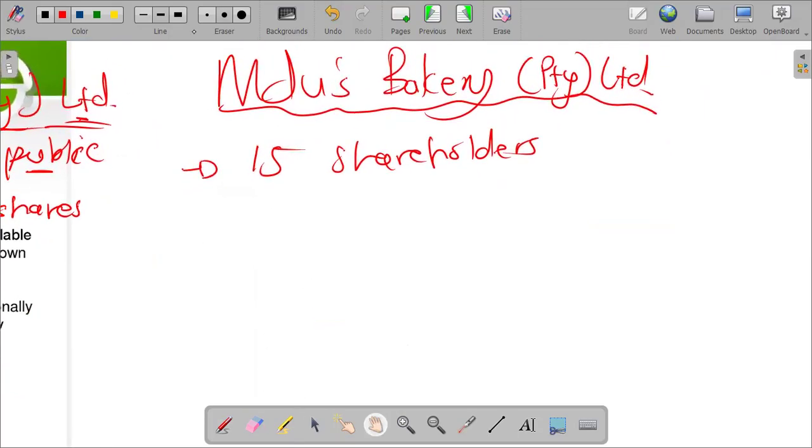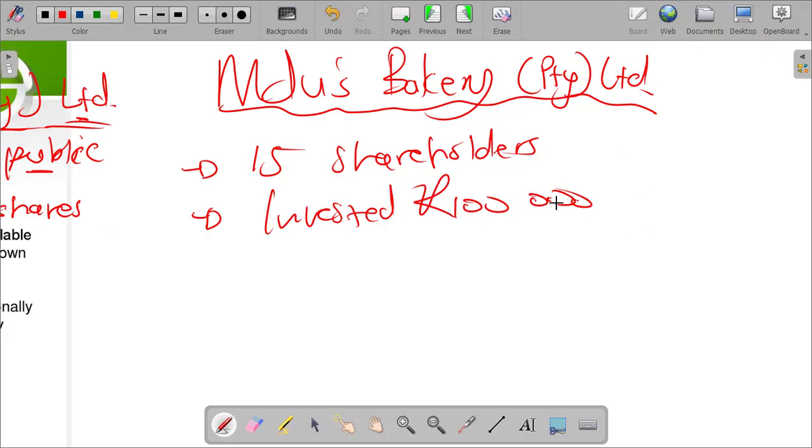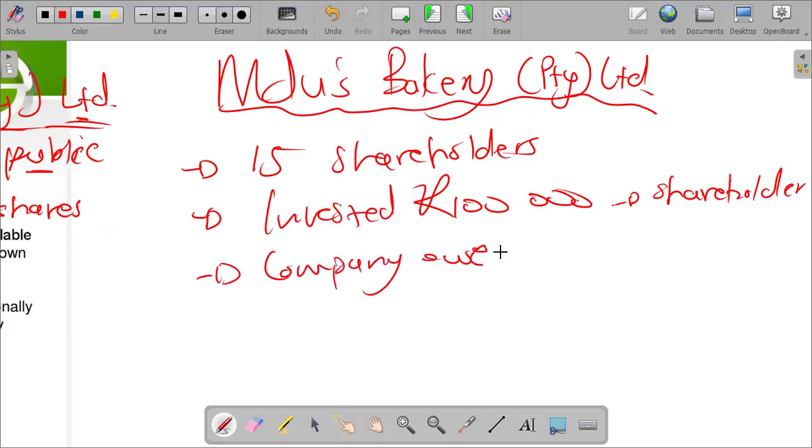There are 15 shareholders, and each shareholder invested 100,000. It happens that the company owes 1 million in taxation. The company, not the shareholders, but the company. It owes 1 million in taxation.